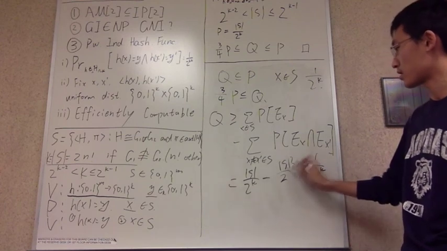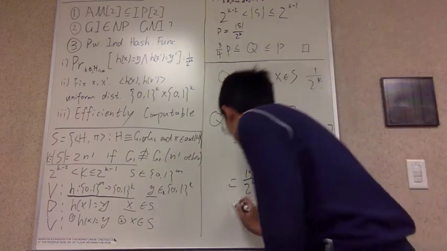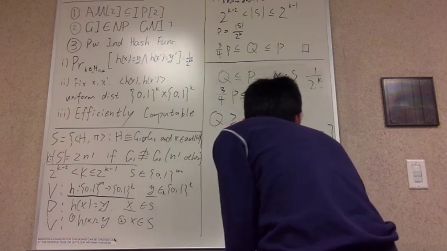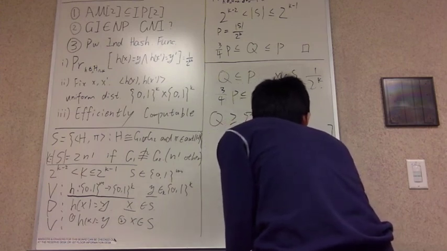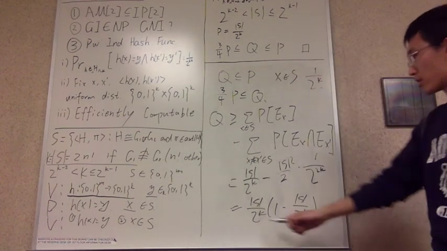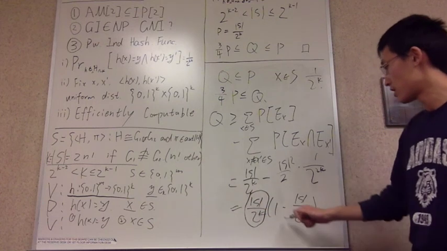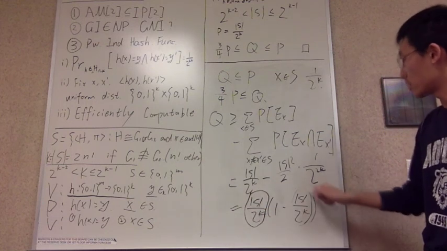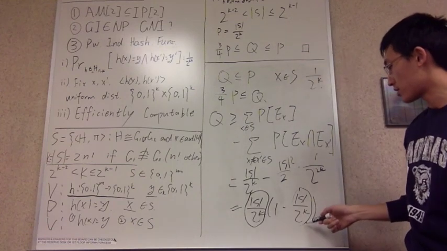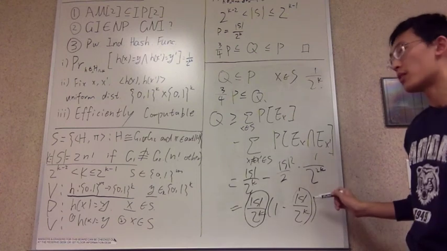This is the S size squared. So if we simplify this formula, we can get this number, and this is P. And since S has a size in this range, this number is actually smaller than 1/4.